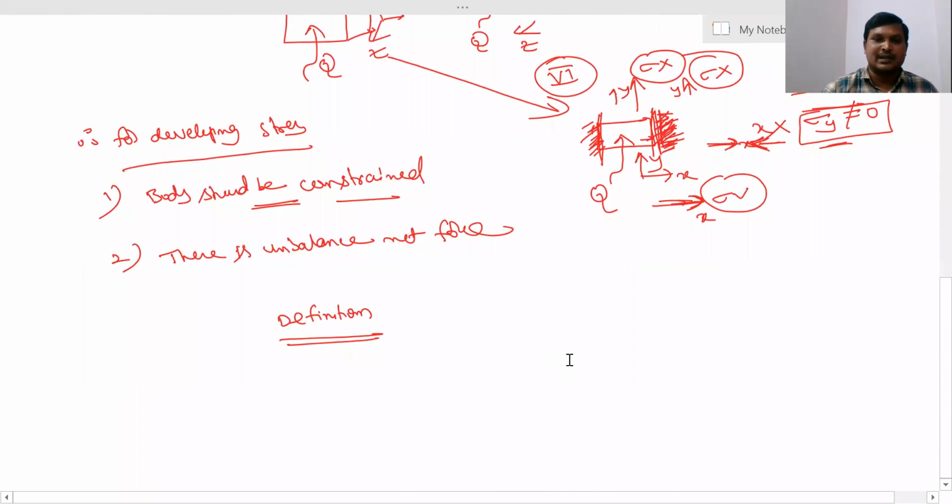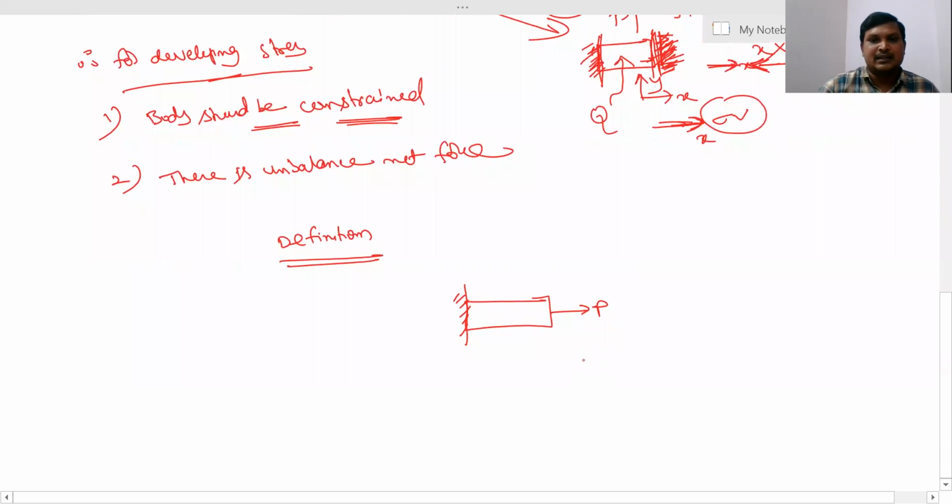So we can say that stress is nothing but, so I'm taking this member and constraining it here. For developing stress, the first condition should be that it is constrained. So here I'm constraining this, and I'm applying the force P here. For withstanding this force, definitely there will be an internal resistance force generated.